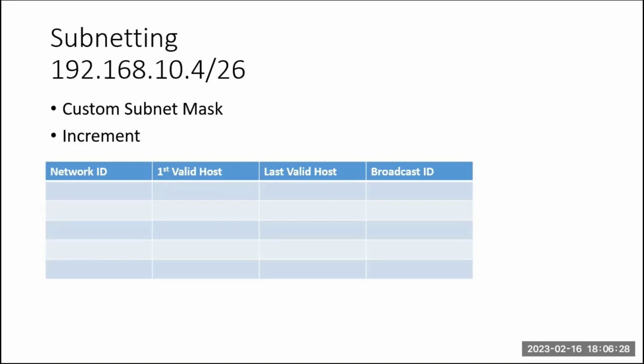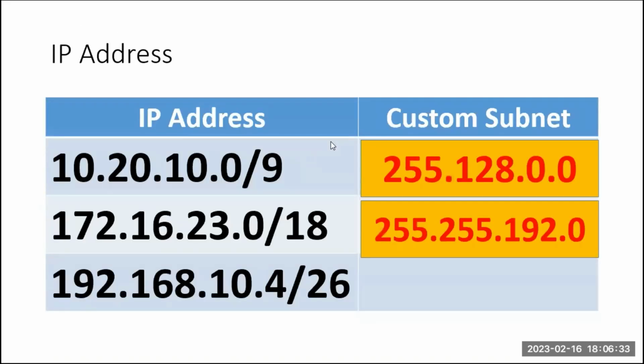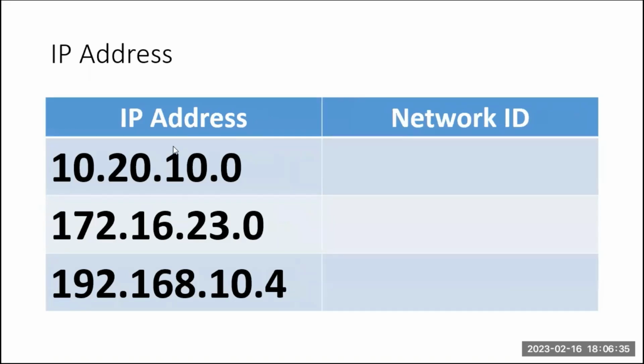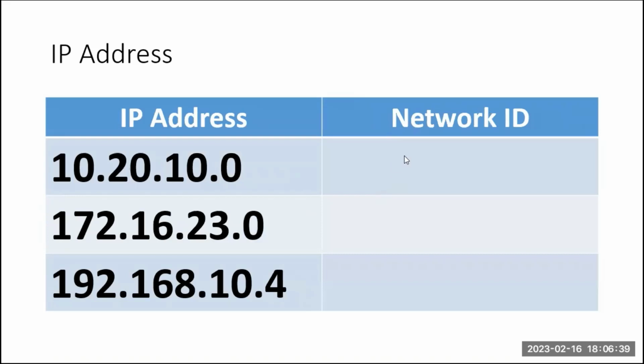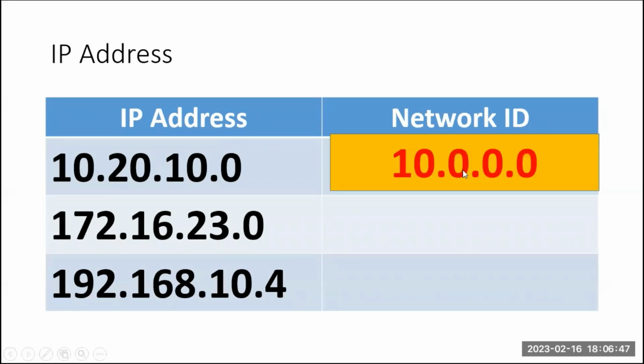All right, just a minute before we touch the subnetting, let's touch back on this. We have looked at the network ID. The network ID for this one is 10.0.0.0.